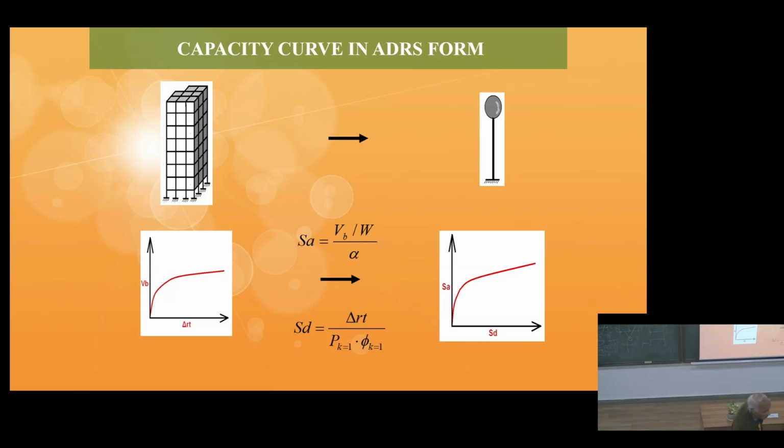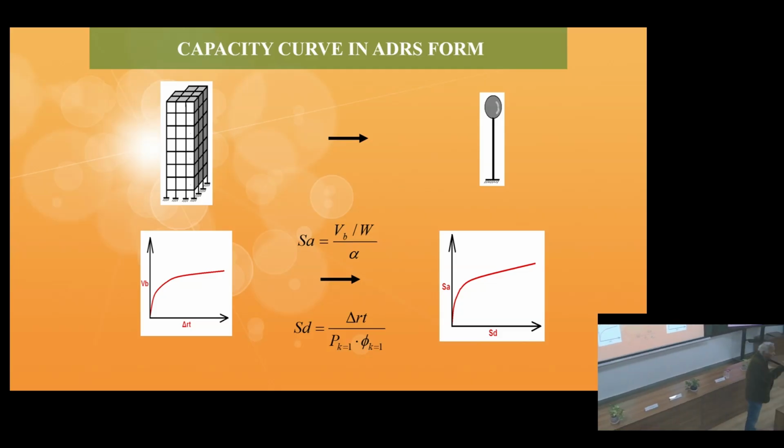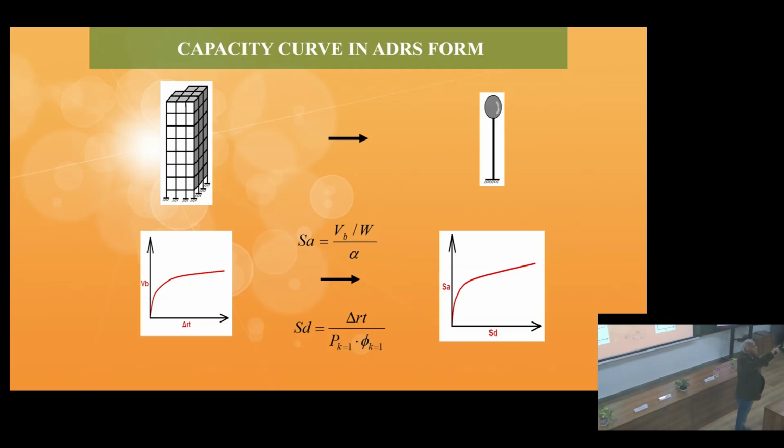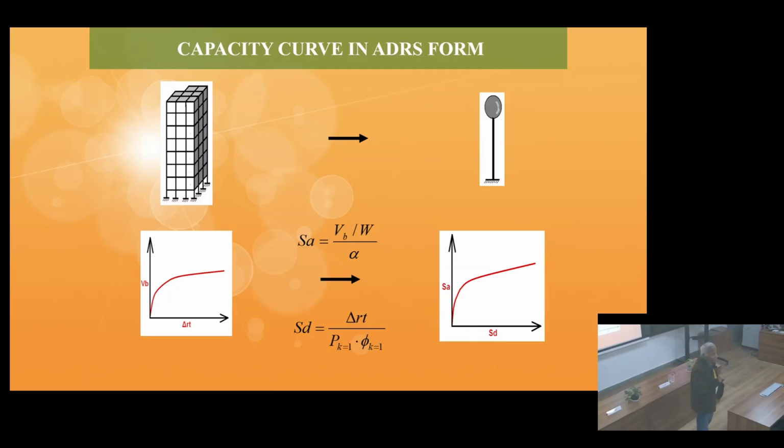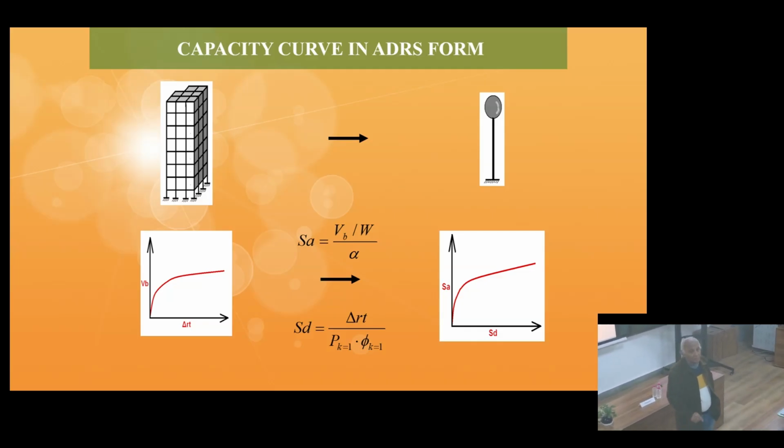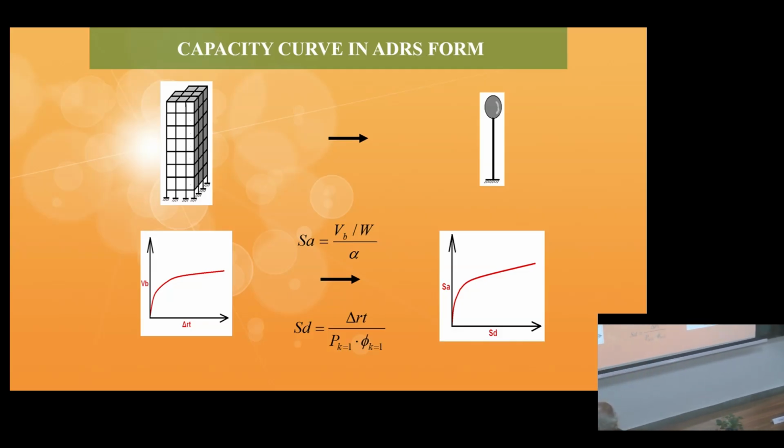SA and SD plot means SA is the spectral acceleration that all of you have done in your earthquake code, where an SA graph is given. That is SA. Okay. And SD is nothing but SA divided by omega square. Alright?